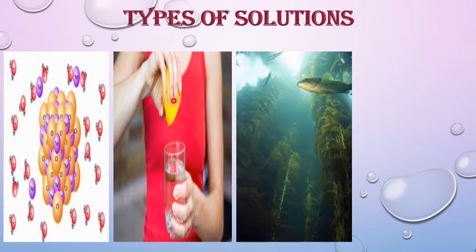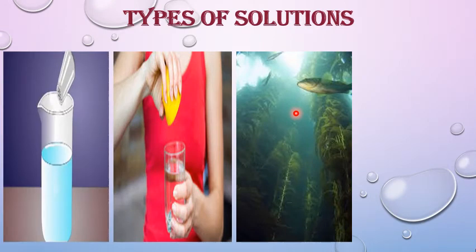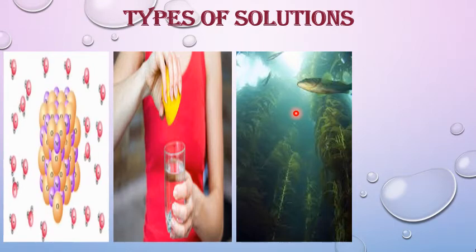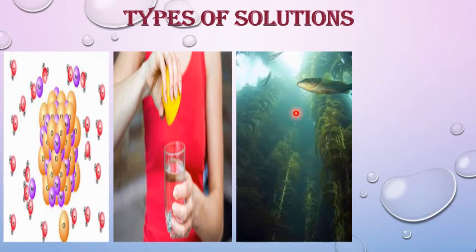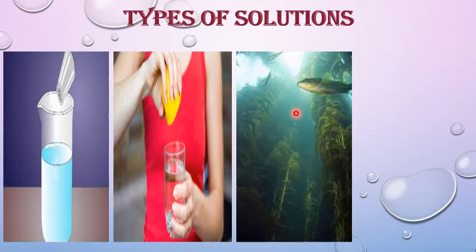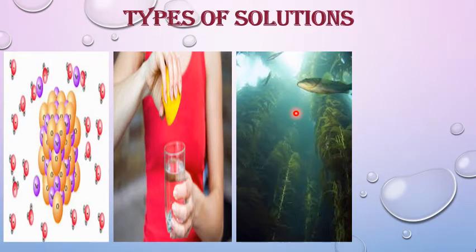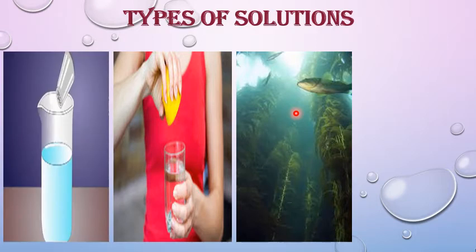Third is you have to dissolve gas in liquid. Gas in liquid like oxygen. Oxygen is a gas, that is the solute, and the solvent is liquid, that is water. Marine water or aquatic water.